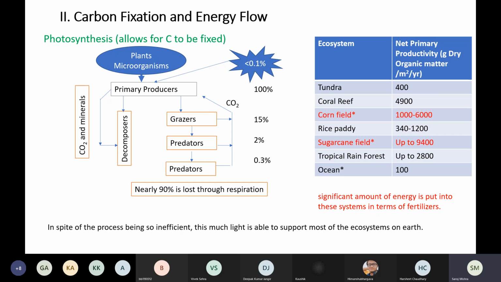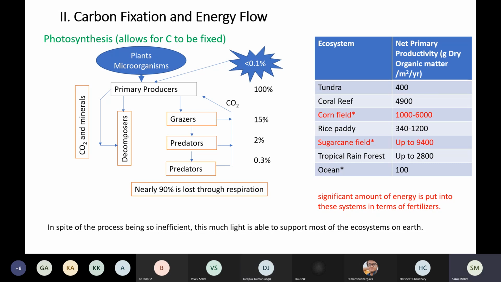In biological life forms, there is no other way that carbon can be fixed, because all the food that you eat, whether you are a non-vegetarian or a vegetarian, you are taking plant products, you are taking fruits, for vegetarians, for example. So you are taking the primary products of photosynthesis. That is how you are consuming carbon. For the non-vegetarians, if they take meat and other things, again, the goats or the fish, they have actually fed on the primary producers.